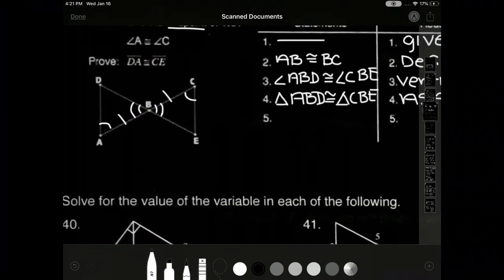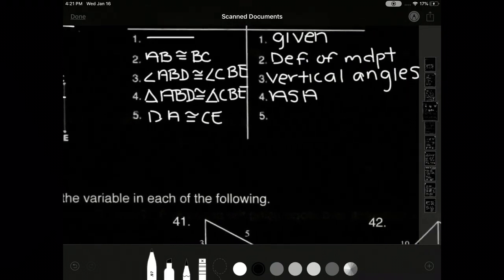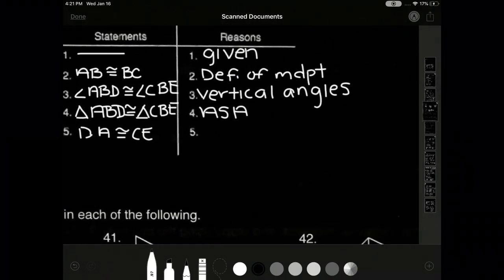And then we can go ahead and write our final bit here, that DA is congruent to CE, and that is because corresponding parts of congruent triangles are congruent, also better known as CPCTC.